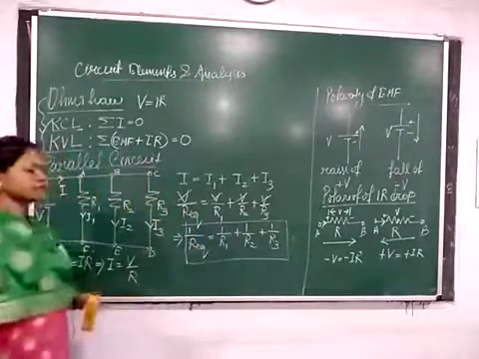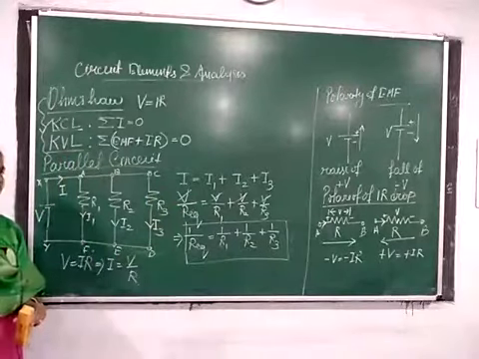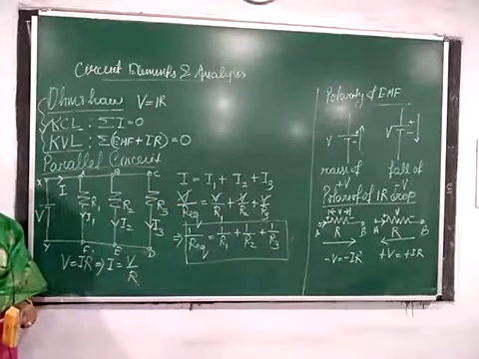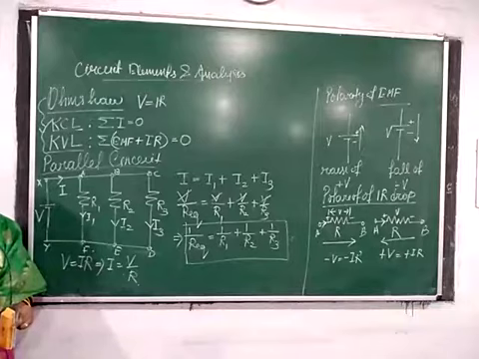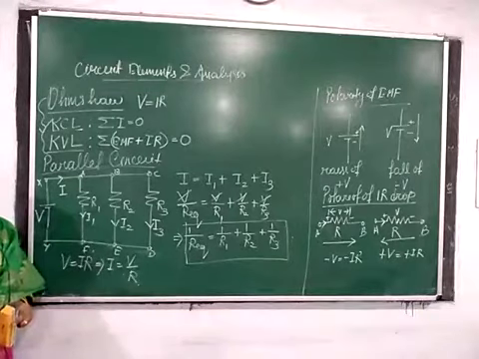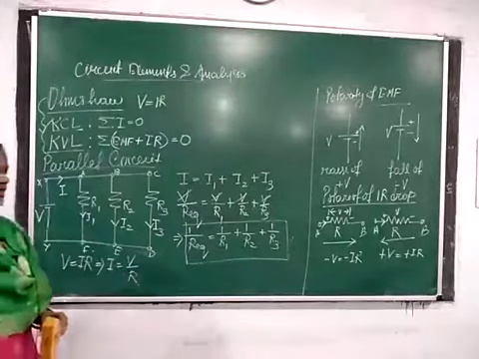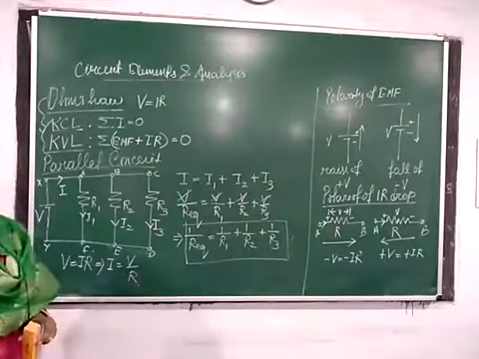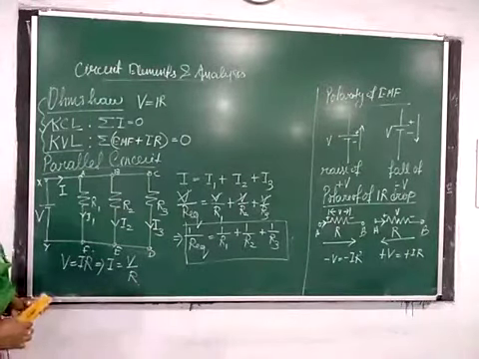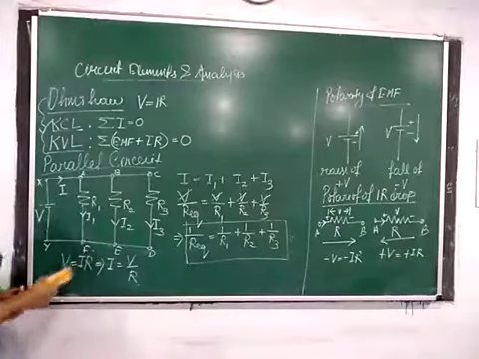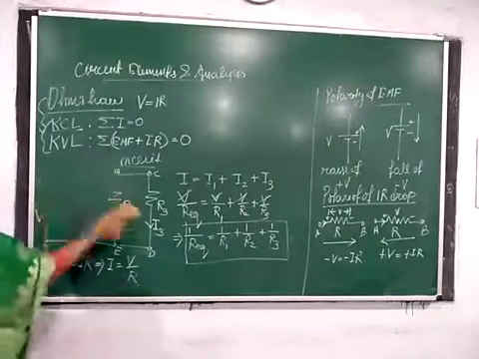This equation shows that in case of a parallel circuit, conductances are added. What do you mean by conductance? Conductance is the reciprocal of the resistance. Clear? Now we see what are the properties of series circuit and parallel circuit.